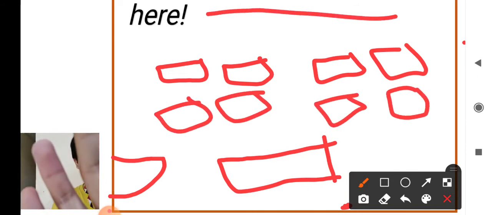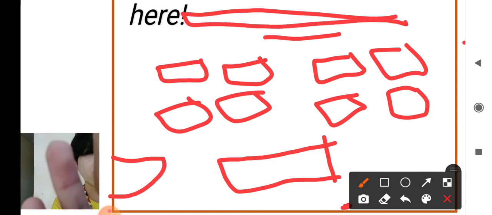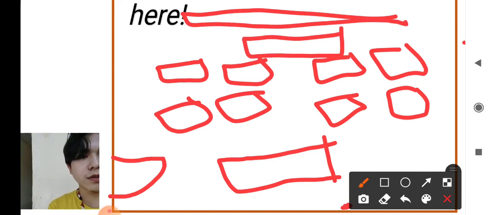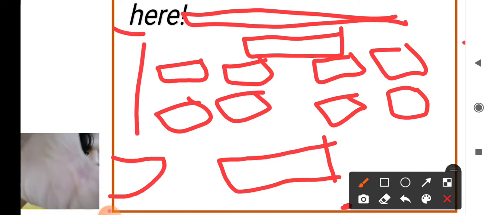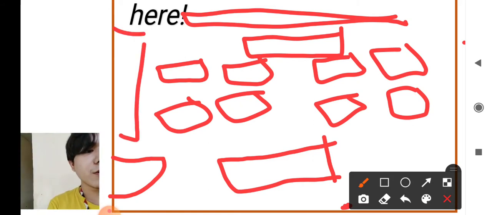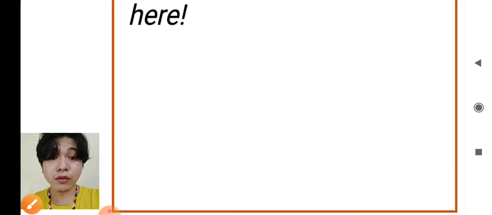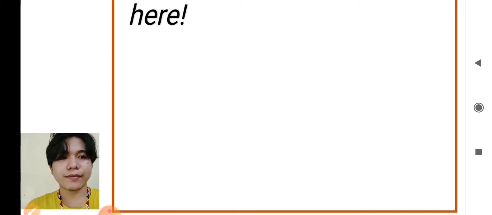You will also put here your bulletin board, another table, and of course, here the bookshelves. It's up to you. Just make sure to be creative. You should be really creative in making it.